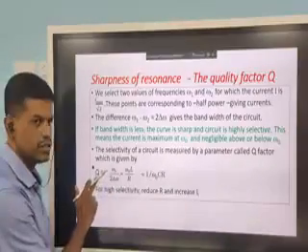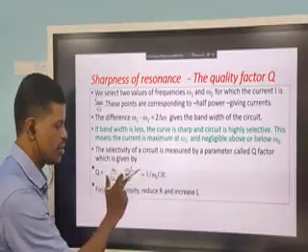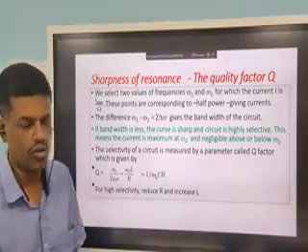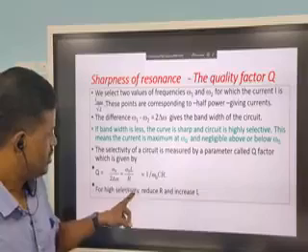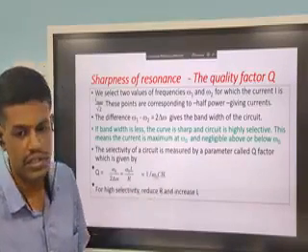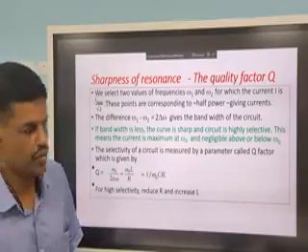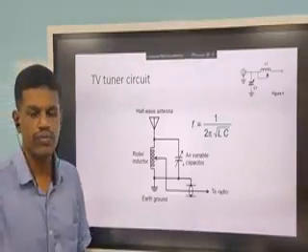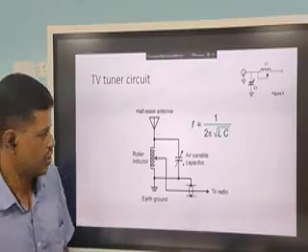We can prove that quality factor is equal to omega 0 L by R, which is also equal to 1 by omega 0 CR. So for high selectivity, you should reduce resistance and increase inductance. So this is an application of this resonance curve and selectivity of the circuit.